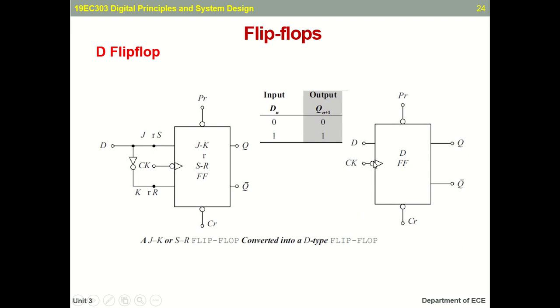If a bubble is there in front of a clock, then this type of clock is called your negative edge triggered clock. If you don't have the bubble, just a line is there, then we can say that it's a positive edge triggered clock. Okay, so clock driven devices are called your edge triggering devices. Edge triggering can be of two types. One is called your positive edge triggering and the next one is called your negative edge triggering.